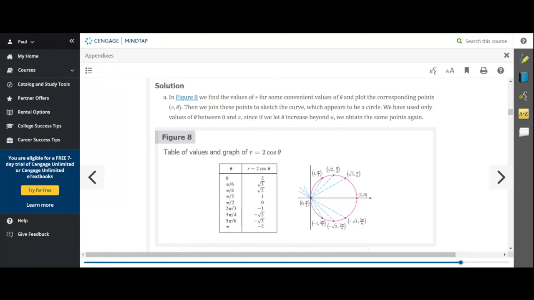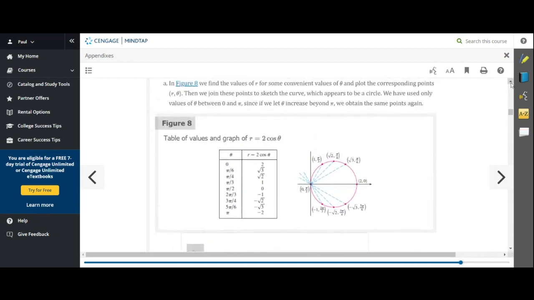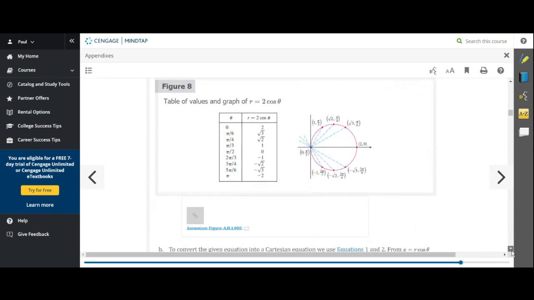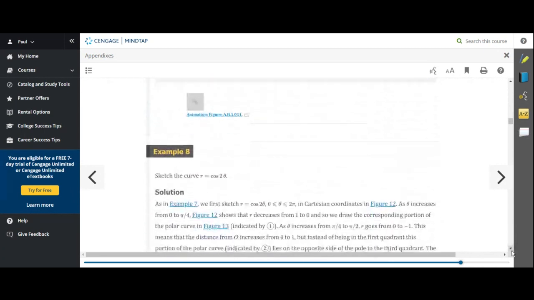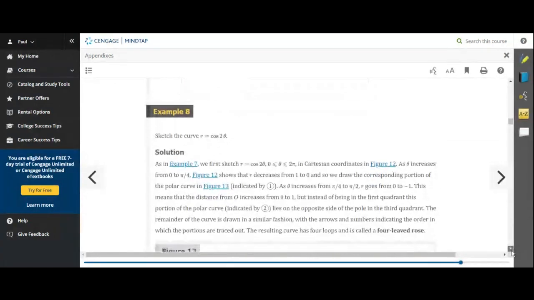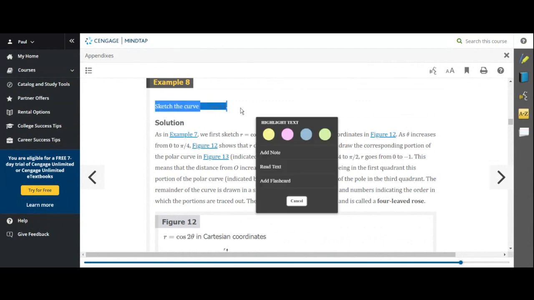Well, there's a second way also to plot a polar curve, and they talk about that in this example 8 here. They want to plot the polar curve r equals cosine 2 theta.